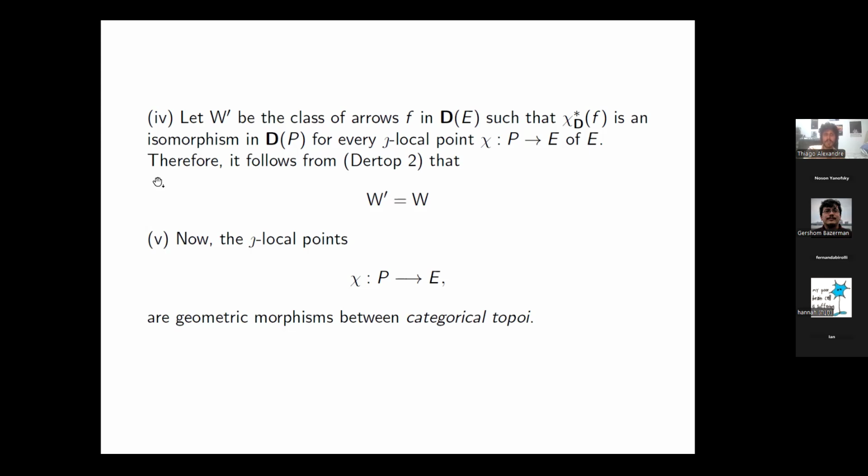And now, by using Top2, we can prove that W prime coincides with our original class of arrows W. But now the G-local points are geometric morphisms between categorical topoi, right? Because P is a categorical topos, it is the category of sets, which is the category of presheaves over the point category, and is a categorical topos by hypothesis.